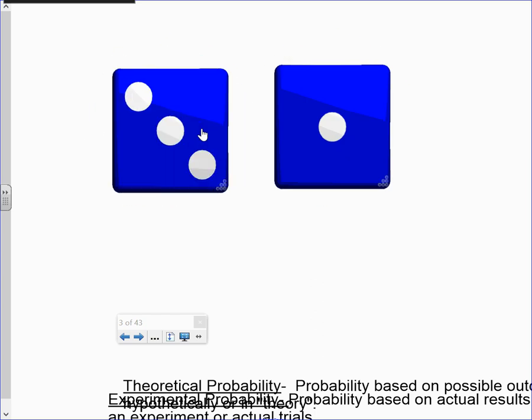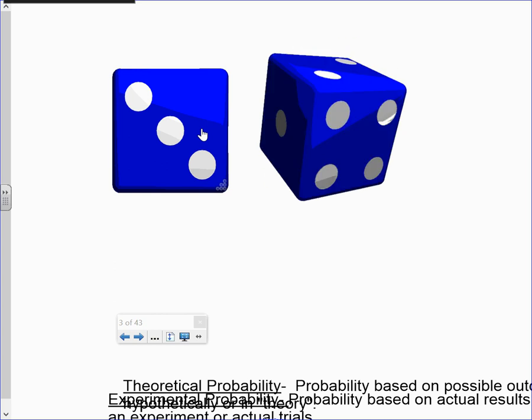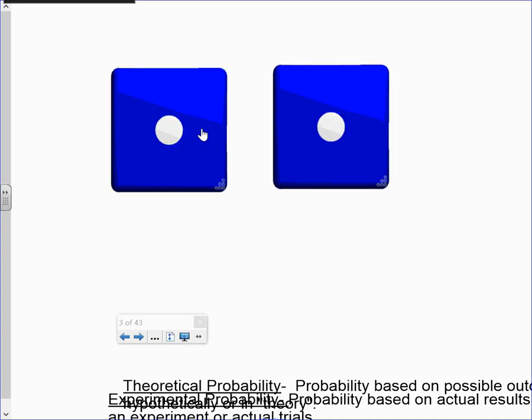Good try. 36. How'd you get 36? Multiply. Okay, so it's actually 36 possible outcomes, and we're going to get into that second half of class. There's 36 possible ways for 2 die to land. And I'm going to get into that later. But for now, you know what outcomes are now.